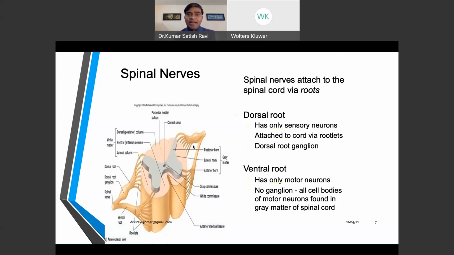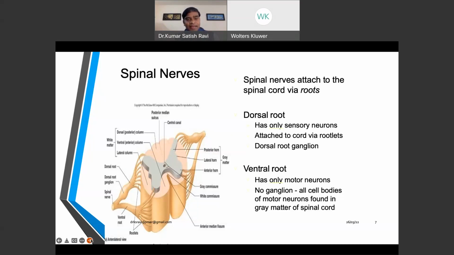Now, this spinal nerve will divide into a ventral ramus and a dorsal ramus. The small dorsal ramus passes backwards, and the large ventral ramus passes laterally, and then further divides. We can see this in the further diagram.